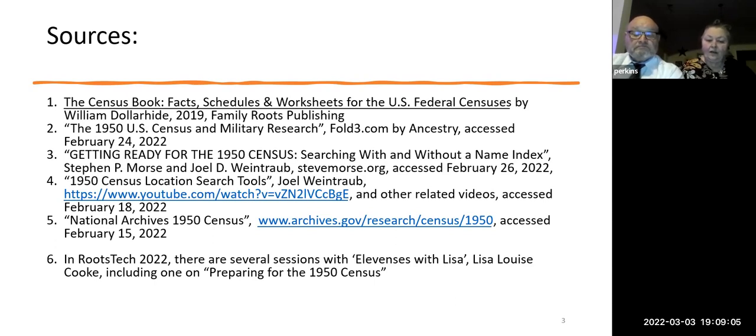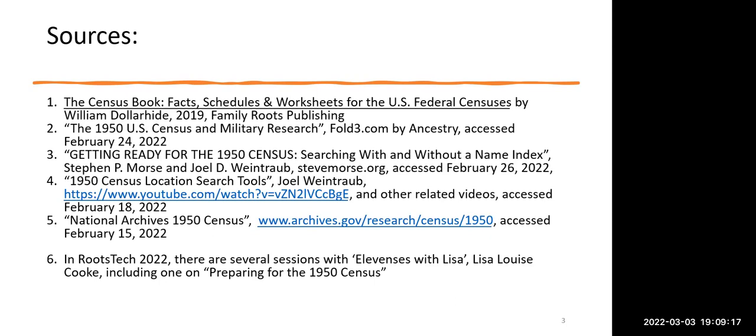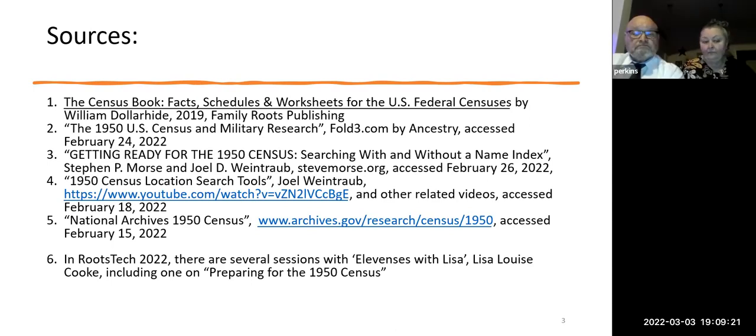Weintraub also, number four, has a series of YouTube videos, probably 20 or 25 of them, about various censuses and specifics. You might want to look at those. They are excellent. And then, of course, number five, the mother lode, the National Archives 1950 census. And there's the address for that. You'll definitely be jumping into there on April 1st.